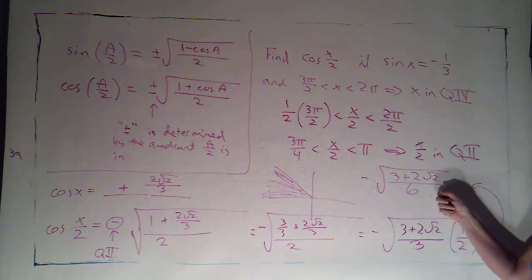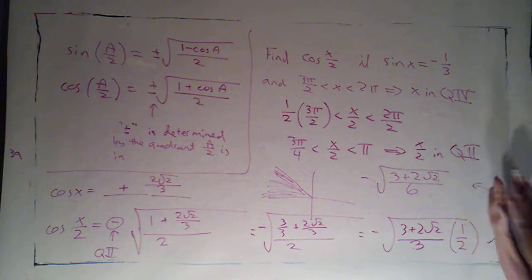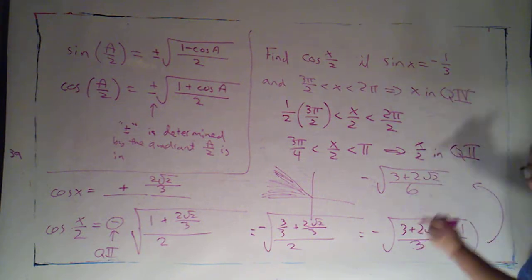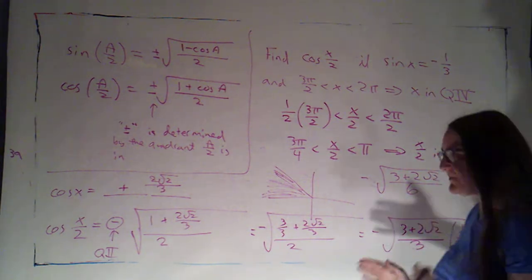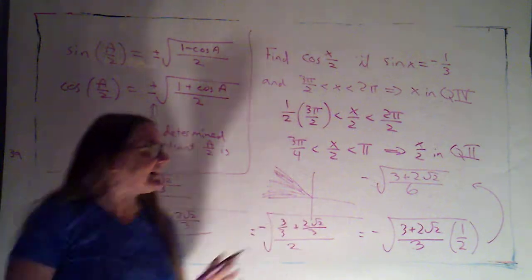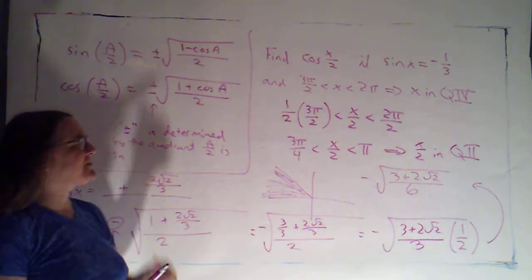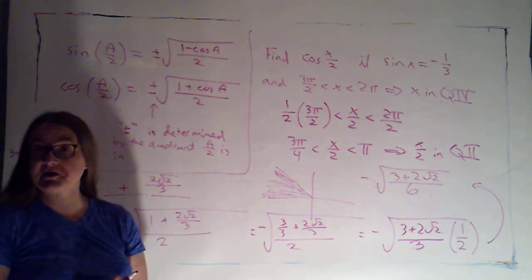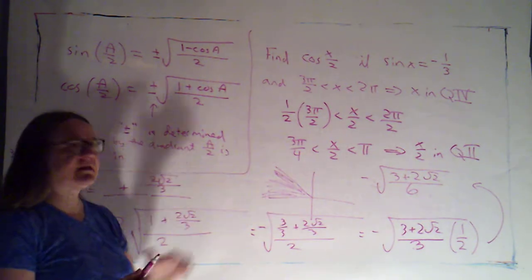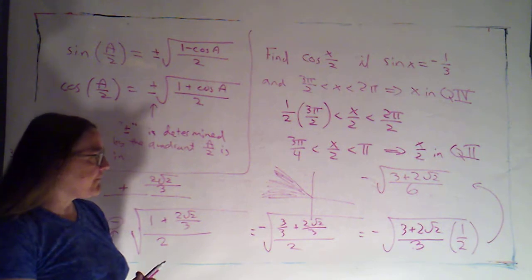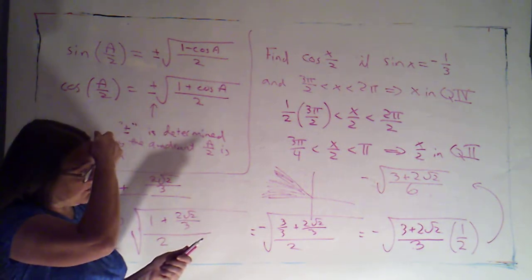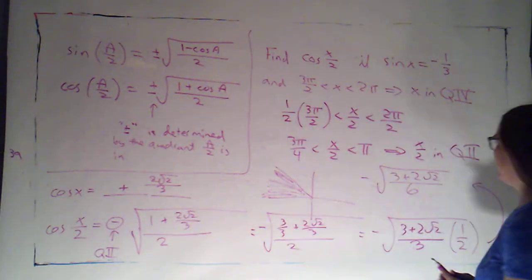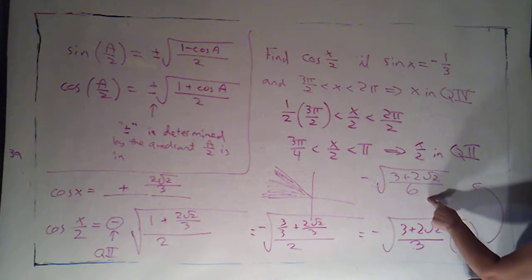Now, that is going to count for our purposes as fully simplified. I do have a root under a root. We have not talked about how to simplify that. There is a way, but it would involve going into higher order roots than just the square root, and this is good enough. Oh, I'm sorry, I misspoke. This is not simplified enough because I've got a fraction under a radical.